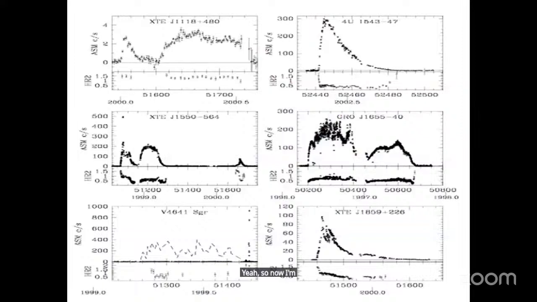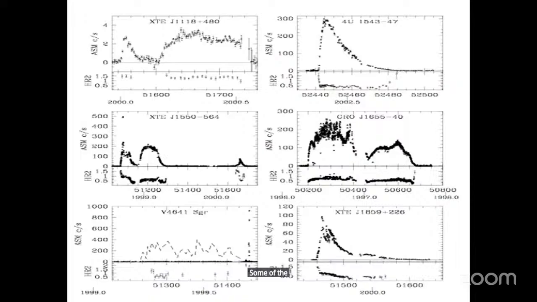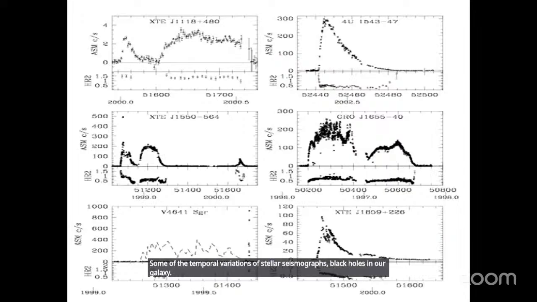Now I've moved to my next slide. You can see these are basically some of the temporal variations of stellar size mass black holes in our galaxy. The naming conventions are also given. For example, on the left side, second panel, you can see XTE J1650-564. This is the name of a black hole.